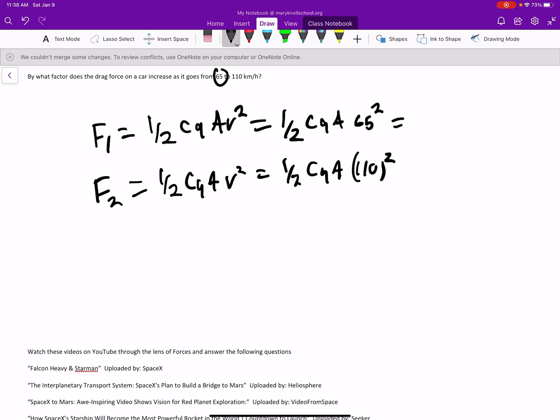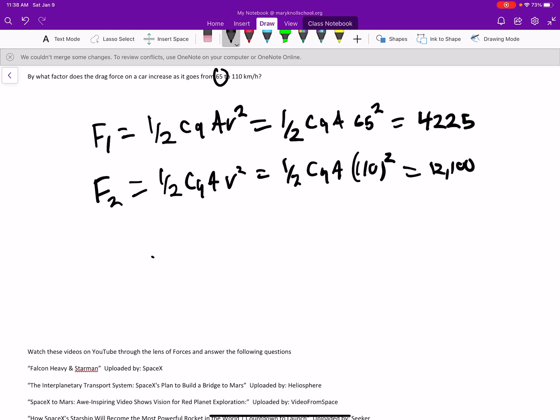All right, let's go ahead and figure this out. So 65 squared is 4,225. And 110 squared is 12,100. So by what factor did it increase?